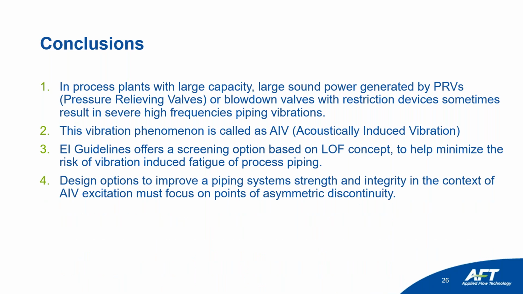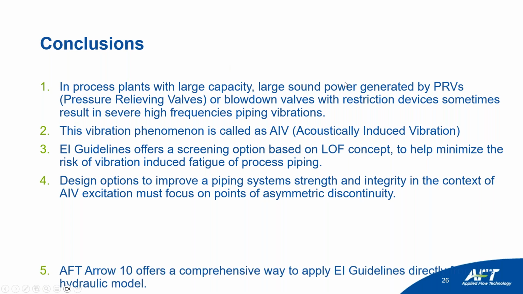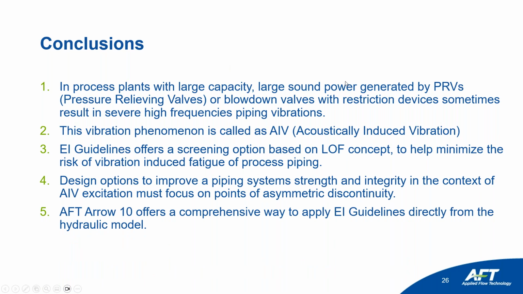Design options to improve a piping system's strength and integrity in the context of AIV excitation mostly focus on points of asymmetric discontinuities. AFT Arrow 10 offers a comprehensive way to apply Energy Institute guidelines directly from the hydraulic model.